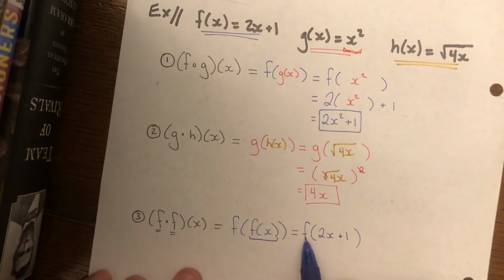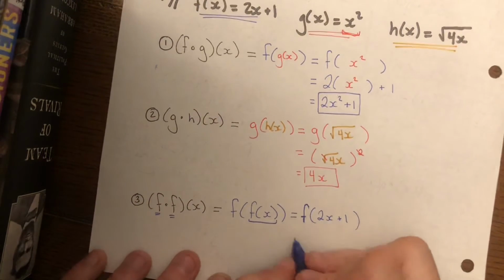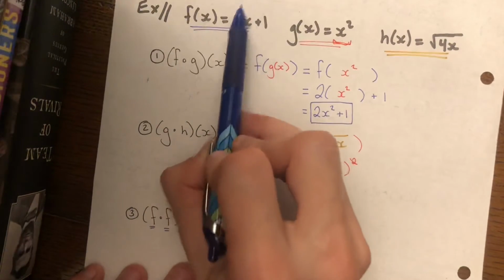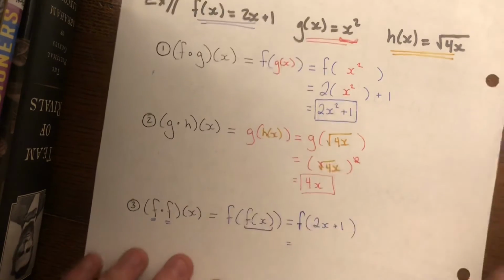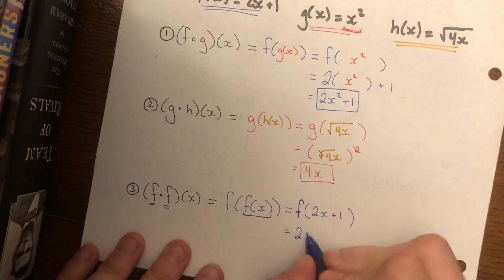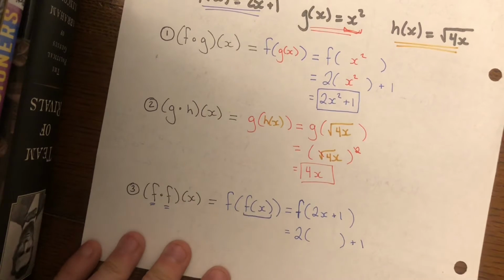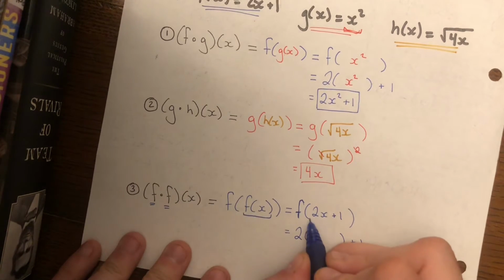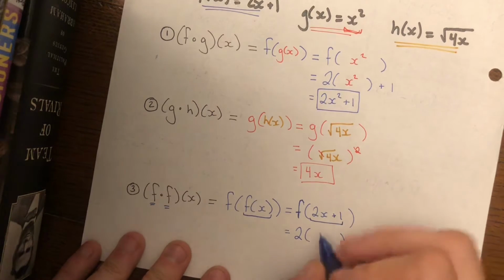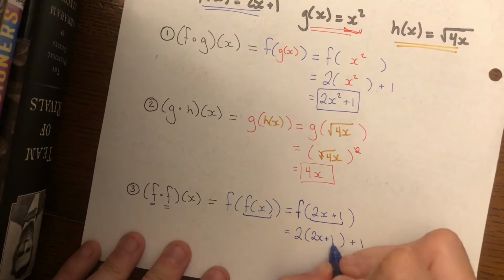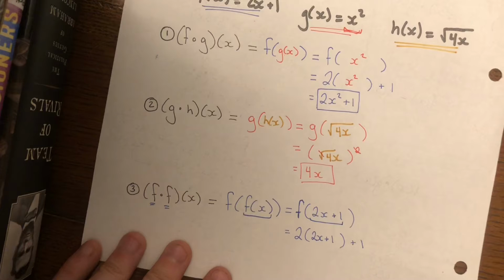And now what I want is to take my function f and I want my input to be 2x plus 1. So my function f says 2 times an input plus 1. So down here I'll do 2, I'll leave a space for my input, and I'll add 1. And my input in this case is also 2x plus 1. It's a little strange, but I can still put that in for my input.